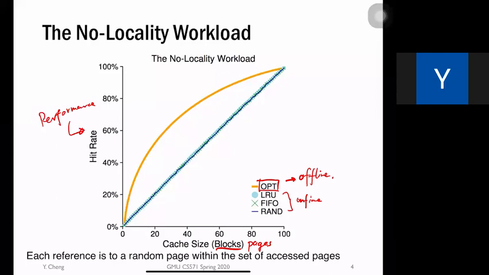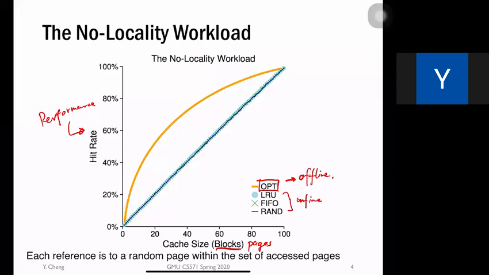The reason OPT is better than the other three online algorithms is that Belady's optimal algorithm assumes perfect future knowledge. It knows about the future so that it can make the best performance decision.